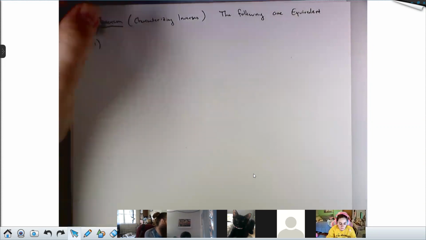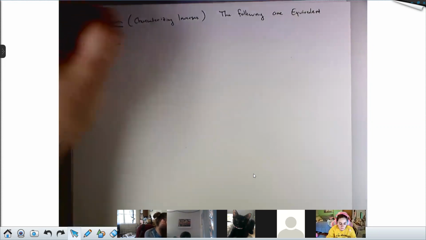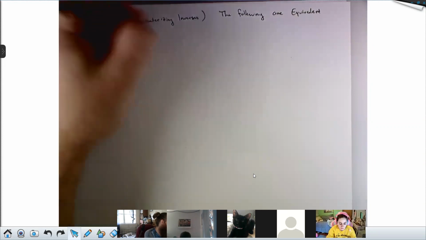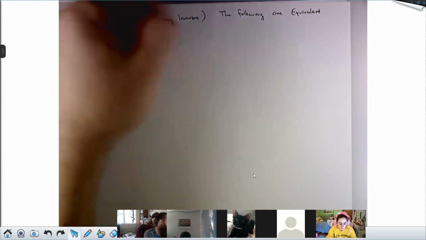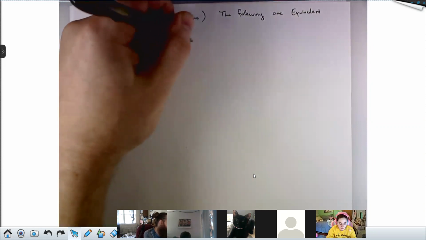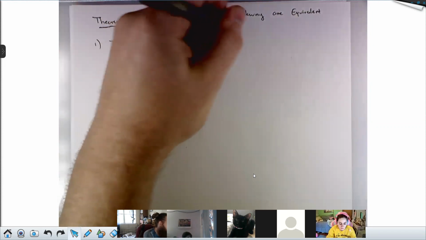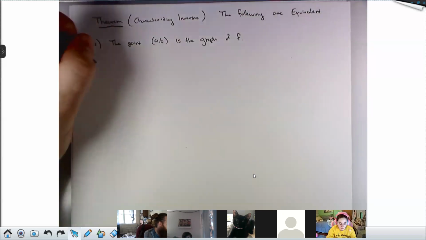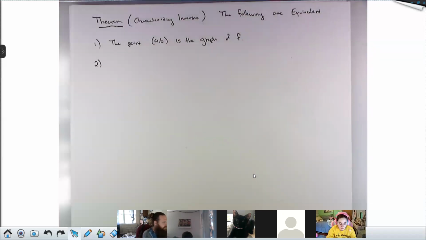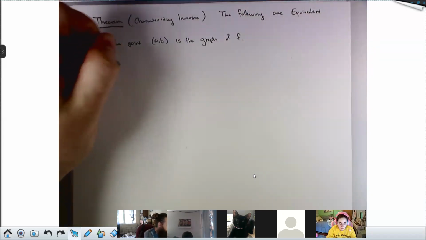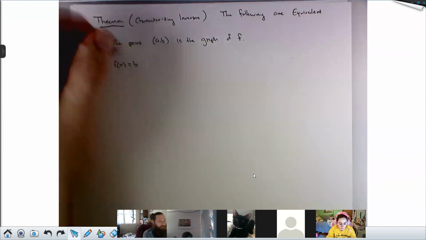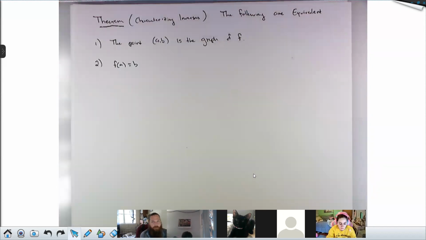1, the point A comma B is on the graph of f. We know that this is equivalent to saying f of A is equal to B. Like if the point 1 comma 7 is on the graph, you know that f of 1 is 7.